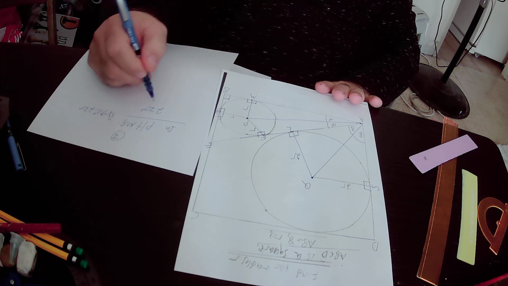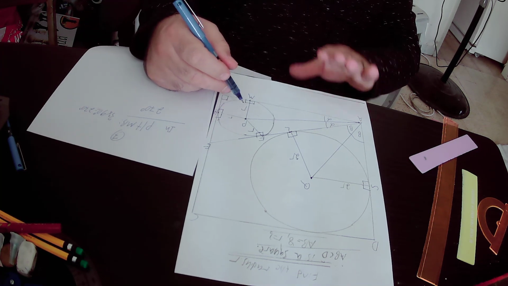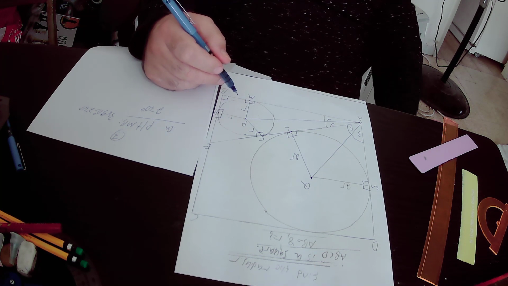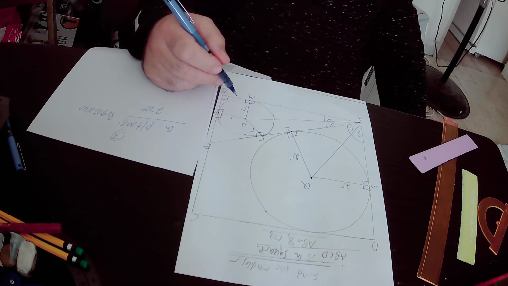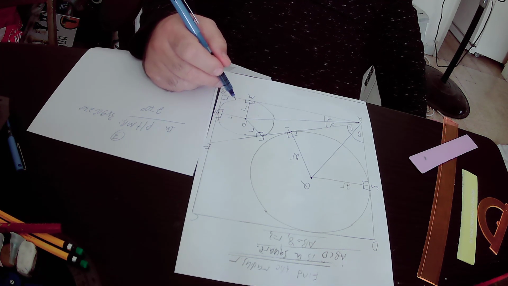And so what is the size of the fourth angle? We have the rule that the sum of the angles in any quadrilateral equals 360 degrees.